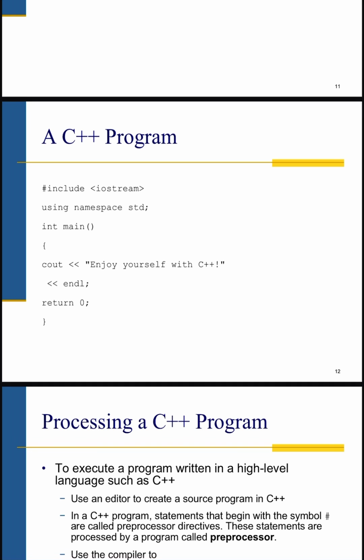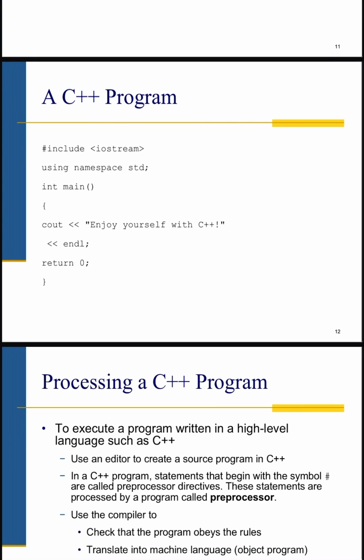The std has to come with the cout, but by putting the using namespace std outside the int main, when you want to cout anything, there is no need for you to write std double colon, then cout, then what you want to output. So with namespace std outside the int main, you can write your cout without bringing the std double colon. Yes.